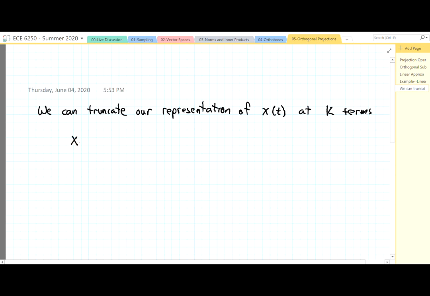So we would say x_K, I'm going to put a capital K there and do my best, of t is equal to, we'll keep the DC term. If we truncated it at that point, there wouldn't be anything left. So alpha_k square root of 2 cosine 2 pi kt.